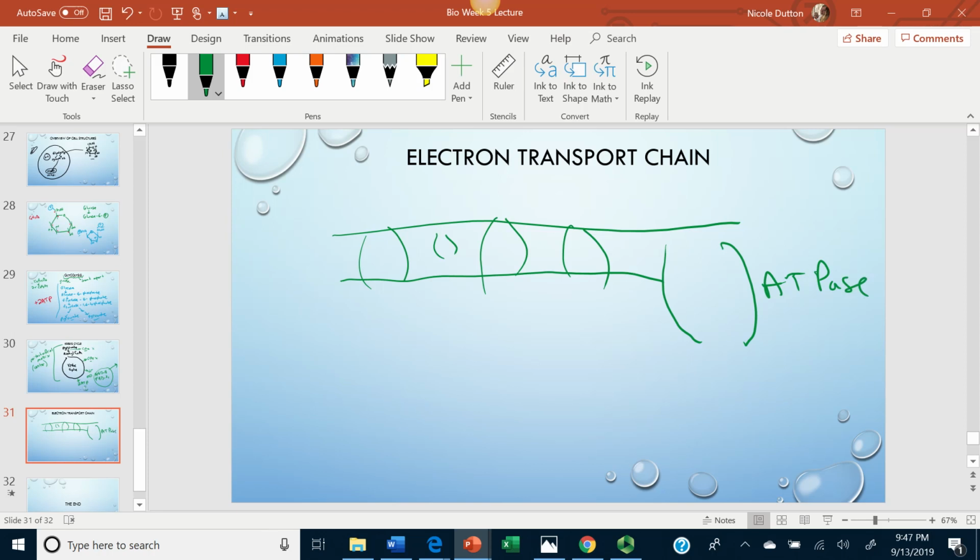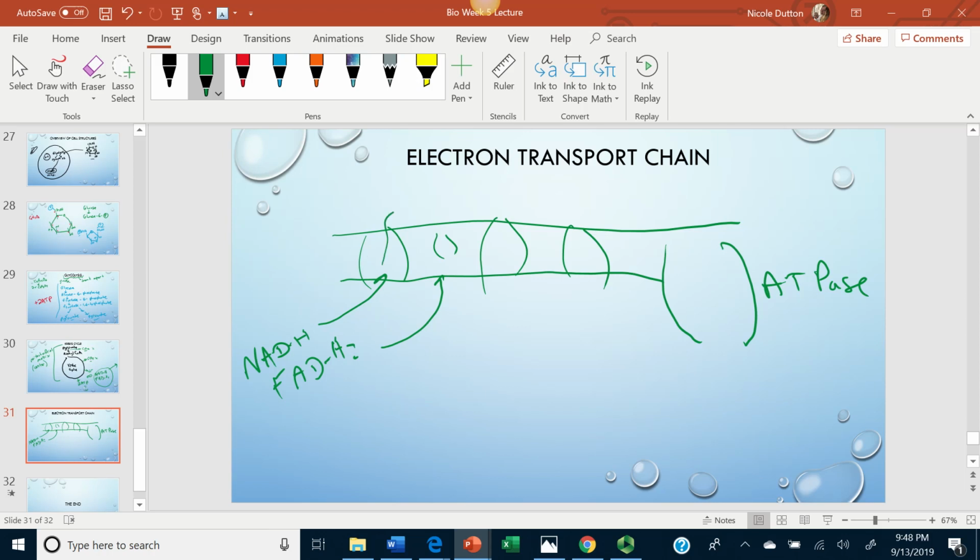So NAD and FAD carry these hydrogens to various regions in this electron transport chain.